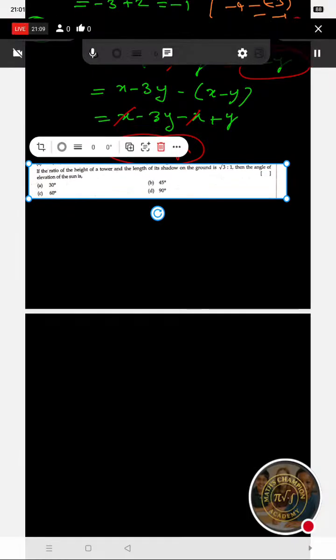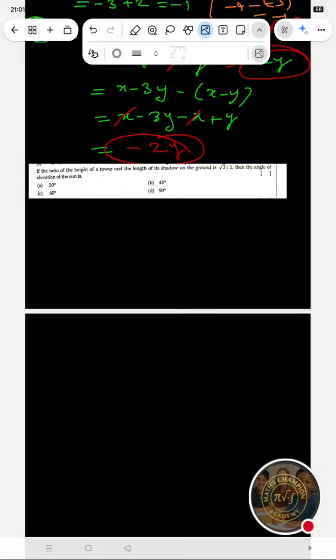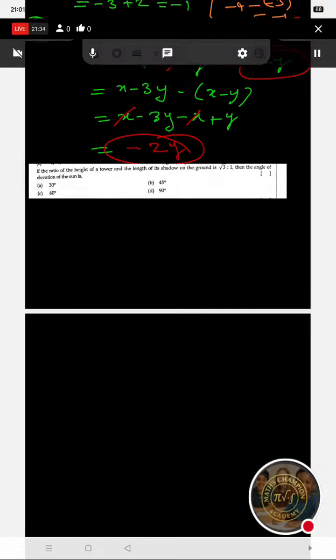If the ratio of the height of the tower and the length of its shadow on the ground is root 3 to 1, then the angle of elevation of the sun is... He has given the ratio of the height of the tower to the length of the shadow.